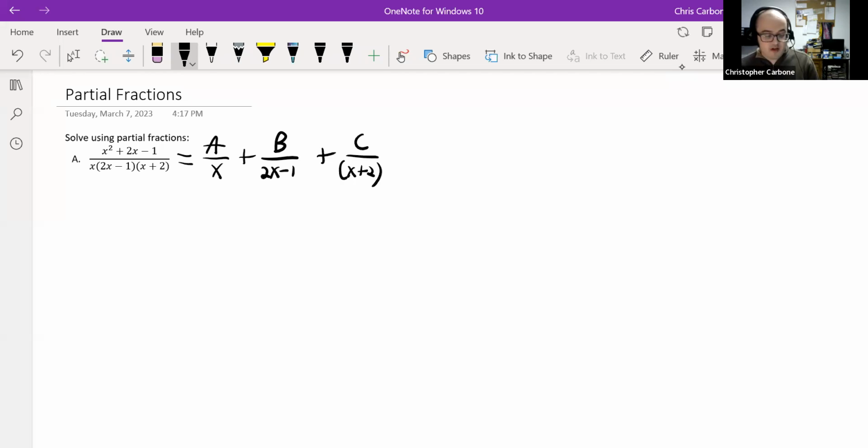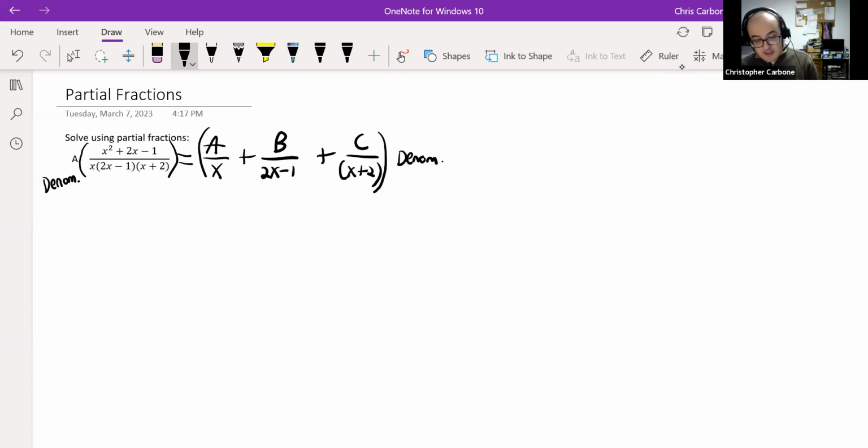So to solve these partial fractions, we're going to multiply by this denominator on the left side. I'm just going to abbreviate that as multiplying by that denominator since it is so big.